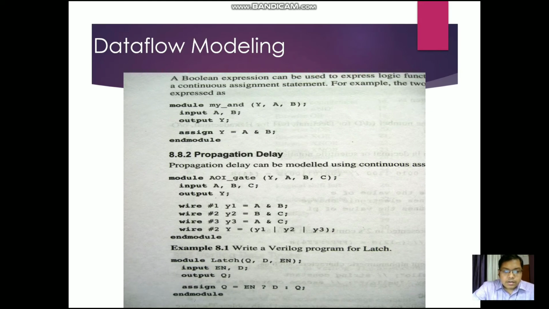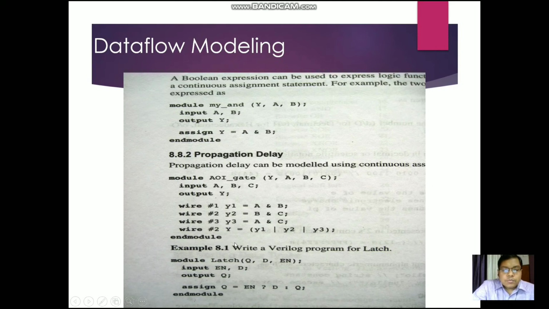So totally it will be 2 plus 1 is 3, 3 plus 3 is 6, and then plus 2 is 8. So after 8 nanoseconds my output will be available on my screen, and then I have to finally end using endmodule.